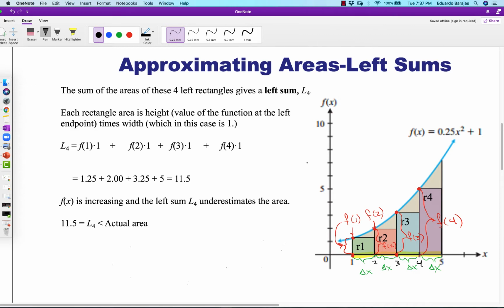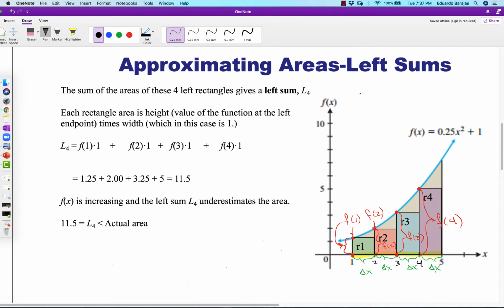So each rectangle area is height, the value of the function at the left endpoint, times the width, which in this case was 1, right? We very conveniently created this question in such a way that delta x was equal to 1.